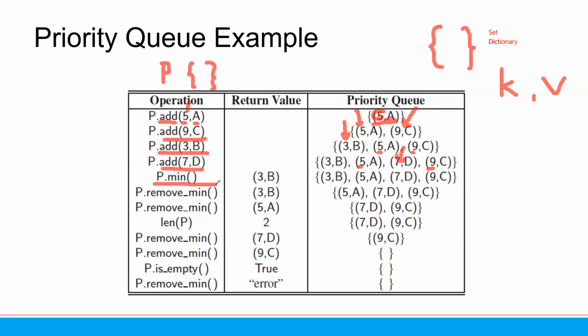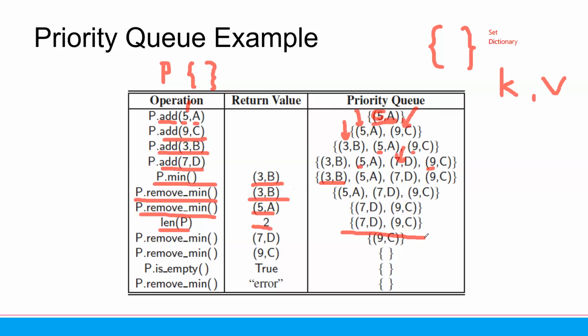If I want to check what is the minimum, then I know that the minimum is 3, B. If I want to remove the minimum, then the minimum will be removed. If I want to remove the minimum again, then it will be 5. If I want to check what is the current length, so I have 2.